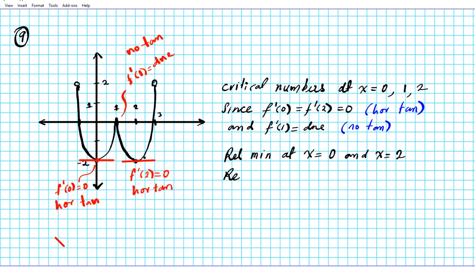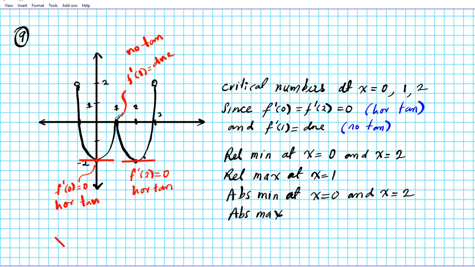And then the relative maximum is going to be at x equals 1 because that's a peak right there. Now, remember, endpoints are open circles, so we don't look at them. How about absolute? In this function, we have an absolute minimum at x equals 0 and x equals 2. We see that they are absolute minimums because these are the lowest points on the entire domain. How about absolute max?